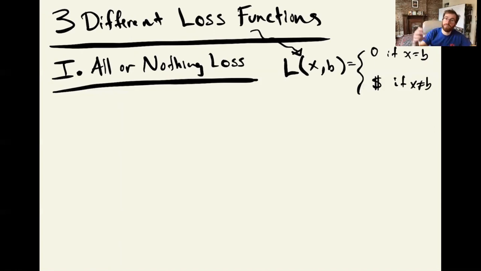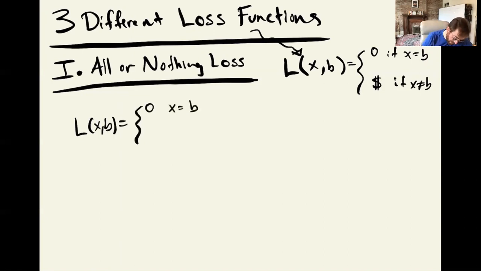So that's just the amount we have to pay, which might even be the cost of entry. All right, enough said. Let's consider what I mean when I say all or nothing. So in this case, I'm going to consider L of X, B to be, we lose $0 if we win, and we have to pay $1 if we don't win.